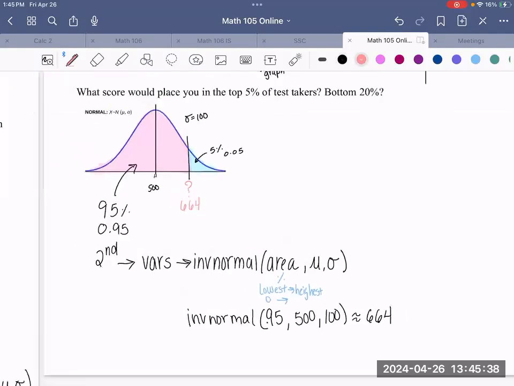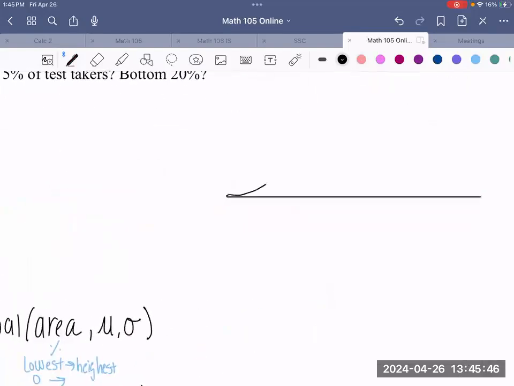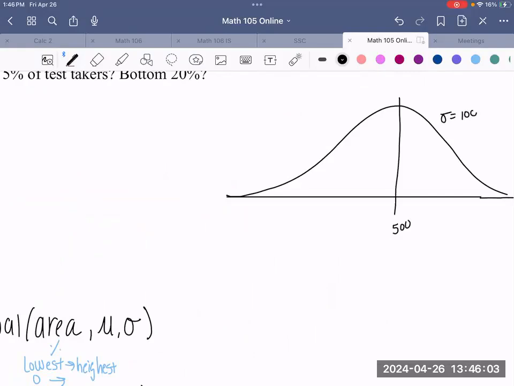Now try it again, but this time with the bottom 20%. So pause and go. Let's see, bottom 20, if I were to draw a graph, I can definitely do it better. Bottom 20, somewhere around here. Again, we don't know that score.